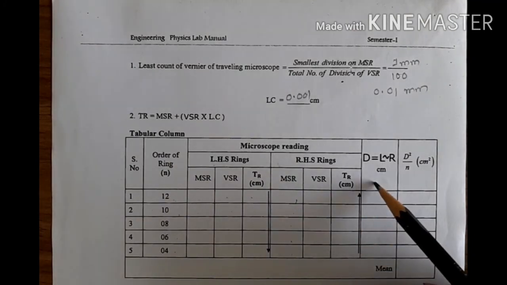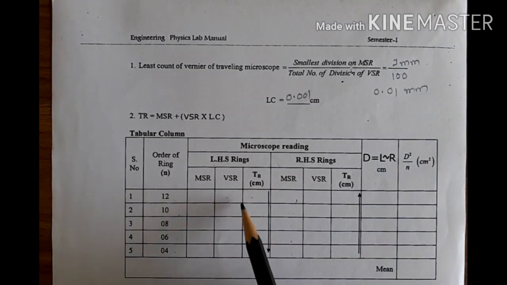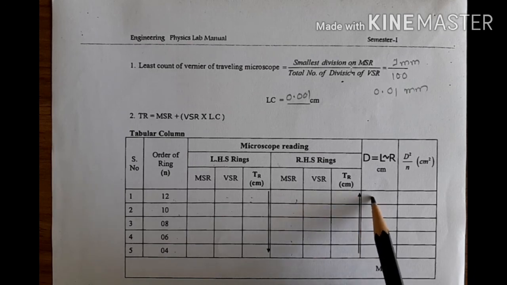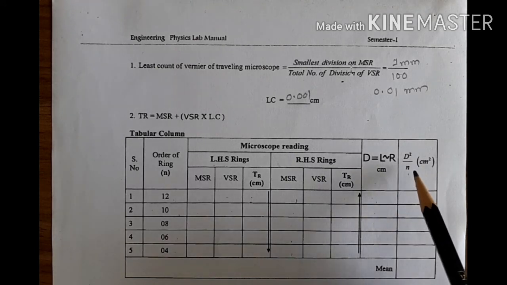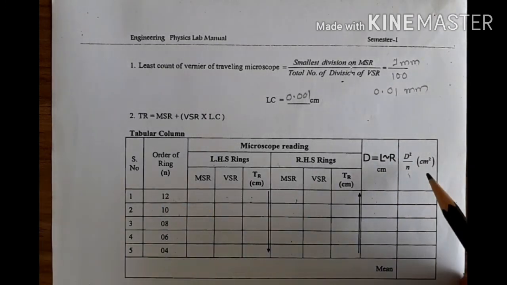D is the diameter. When I subtract the 12th ring's total reading on the LHS from the 12th ring's total reading on the RHS, I will get the diameter of that ring. So D is the diameter of that particular ring, and we calculate D square divided by N. N is the order of the ring. So the order of the ring is 12 to 4 that we have.